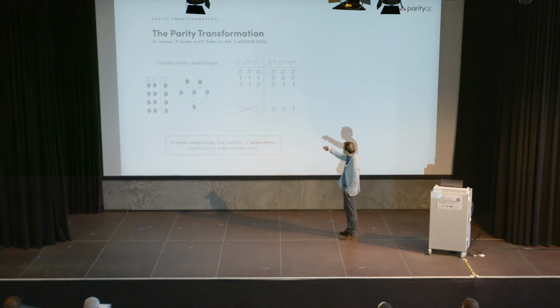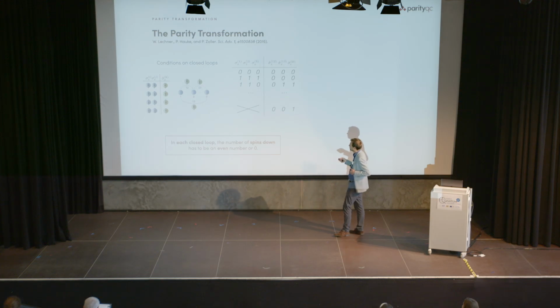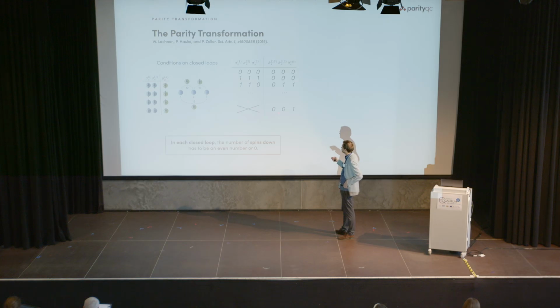that on the left side of this column, there is no closed loop where the number of spin downs is an odd number. And the way to see this is, if I take a configuration which has an odd number of spin downs on the right side, it is impossible to find a configuration for the blue spins.